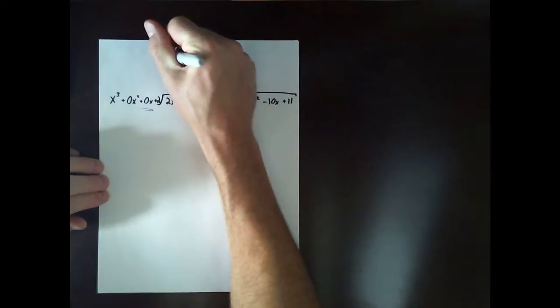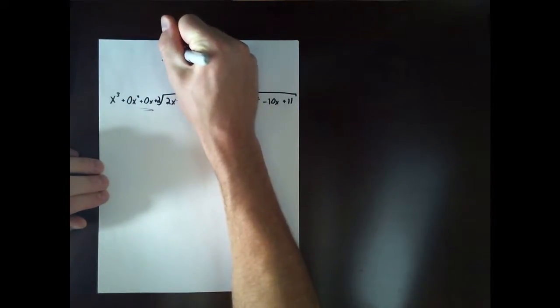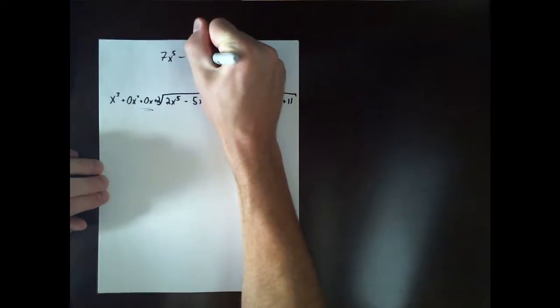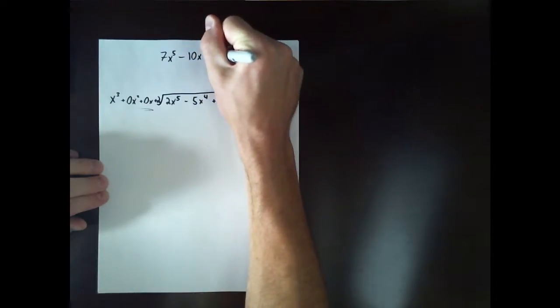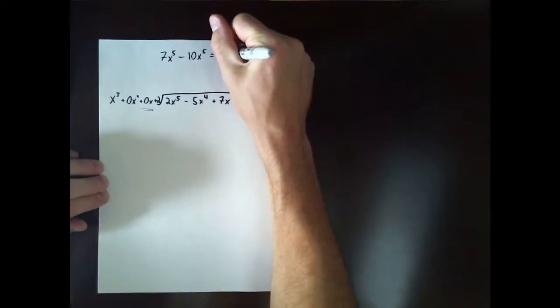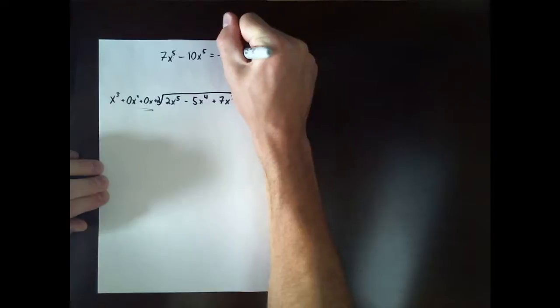So for example, I can do 7x to the fifth minus 10x to the fifth, and this is completely valid. This is just going to give me a negative 3x to the fifth, so that's fine.